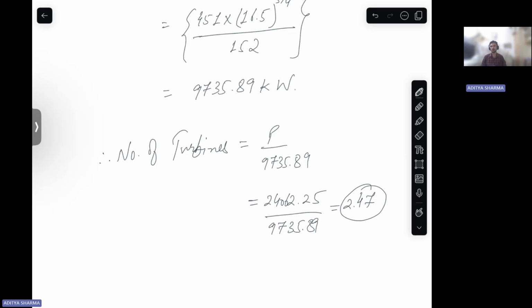So this is a fraction. Your turbine cannot be in fraction. So either it will be 2 or it will be 3, right?